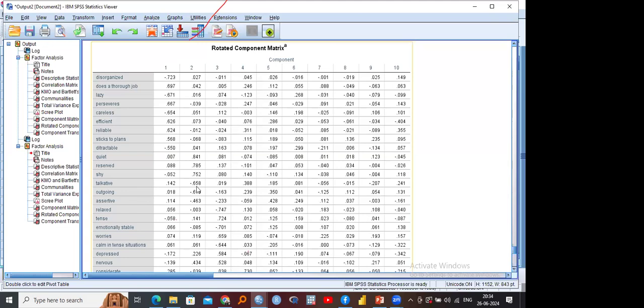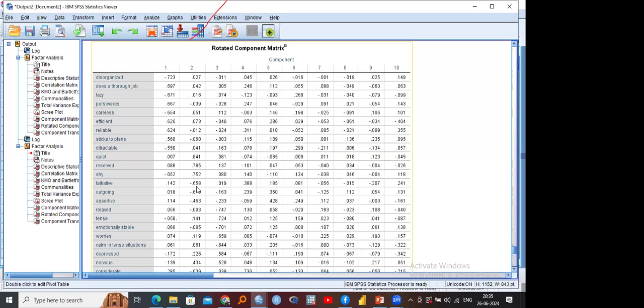Are you all able to understand how we decide which variable goes into which factor? I hope this is clear to all of you. The magnitude should be greater than 0.5. No, that is not at all the case, Dr. Vinay. Here it is not important that magnitude should be greater than 0.5.